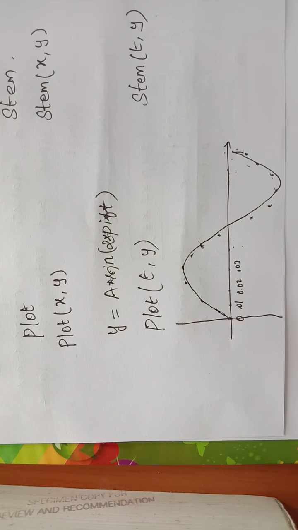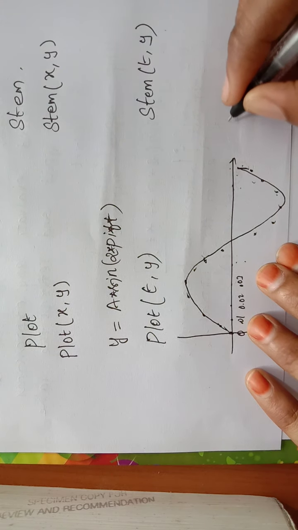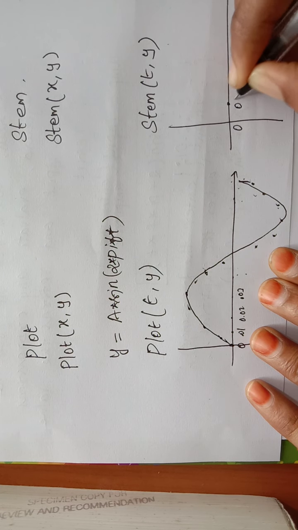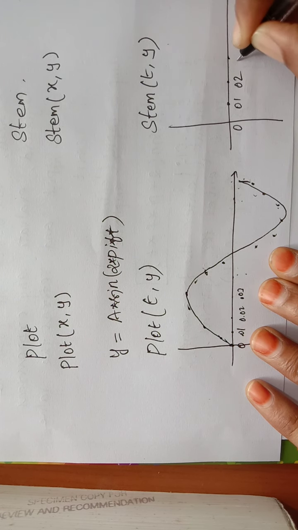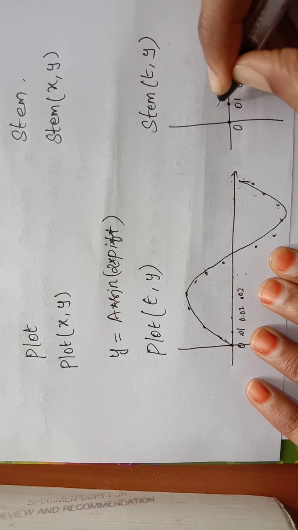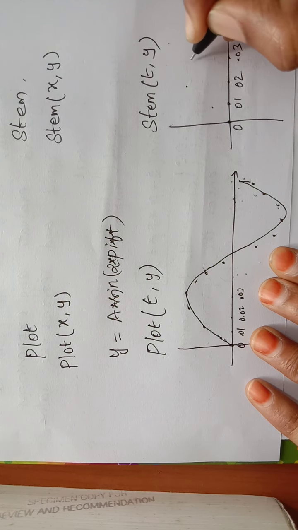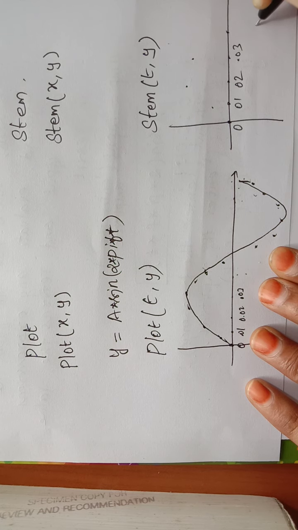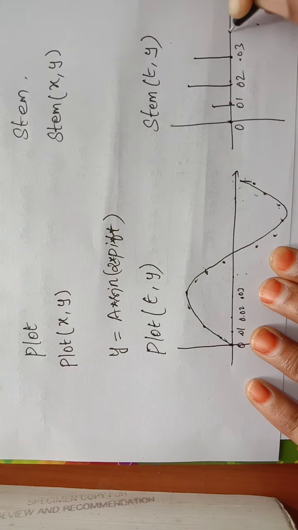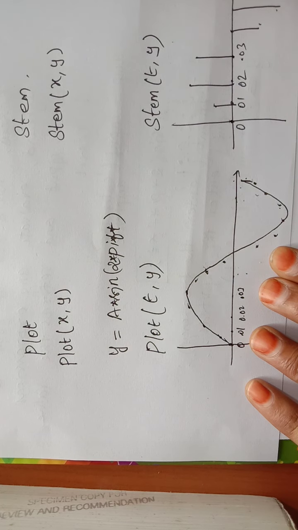In stem, each value is stemmed like this, for 0, 0.01, 0.02, 0.03. These are the different values of t. So you have a value like this, and each value is stemmed in this manner with equal increments.